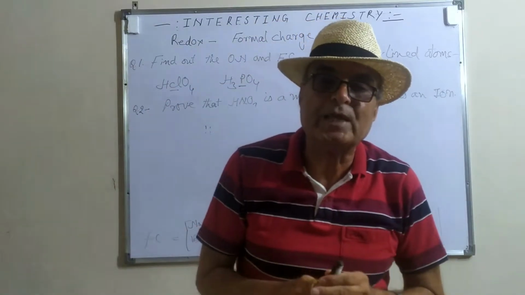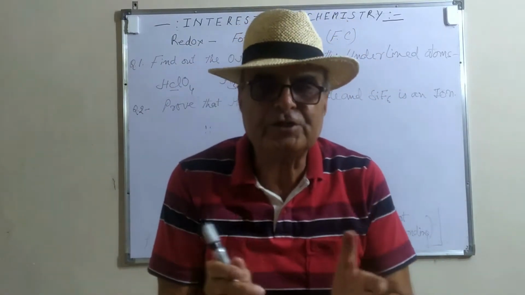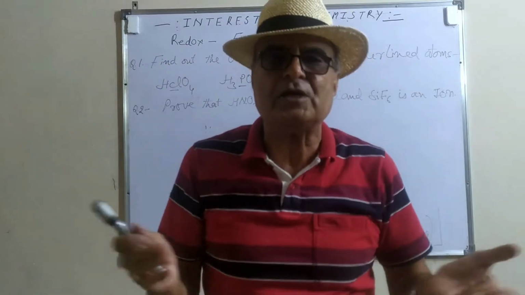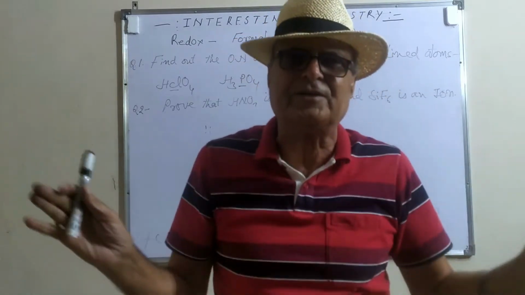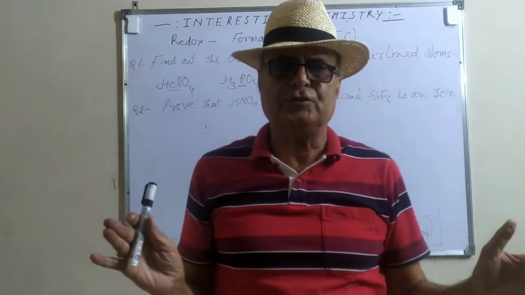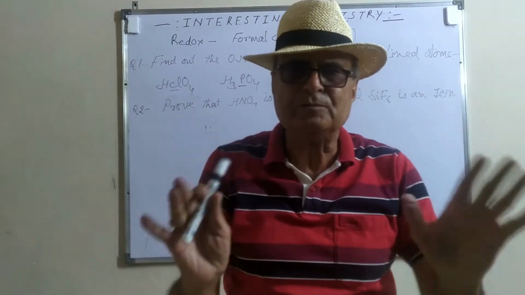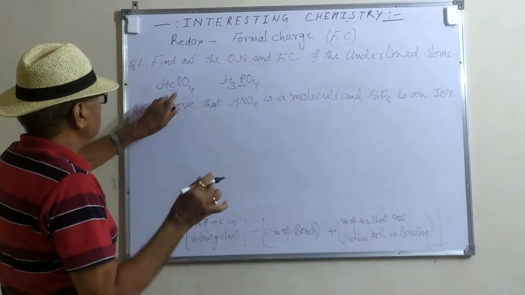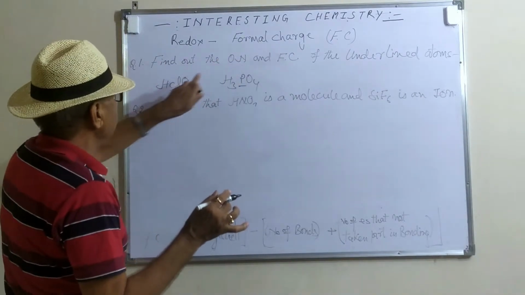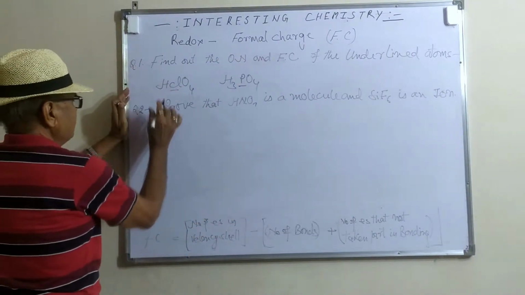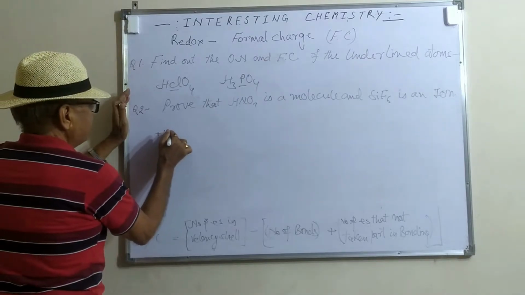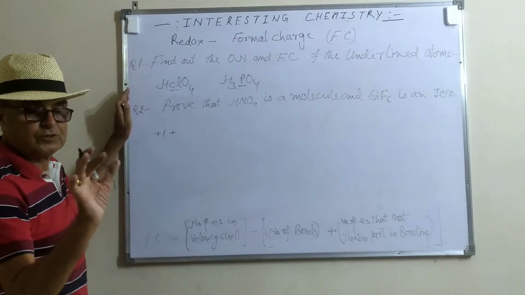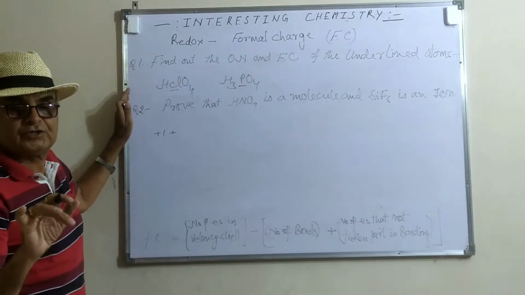It's my duty to tell you that the oxidation number and formal charge are totally different from each other. They are not similar. Suppose you calculate the oxidation number of Cl, where Cs is +1, as I explained in my previous video on how to calculate the oxidation number.